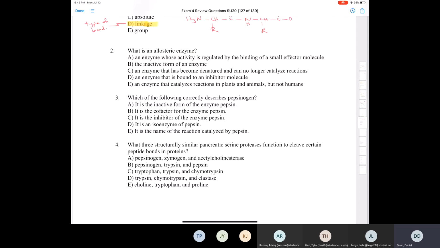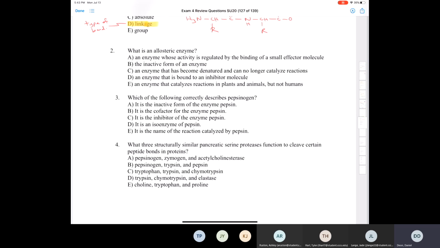Question number 2 says, what is an allosteric enzyme? I went over in my videos all kinds of information about enzymes, and then I spoke about allosteric enzymes, and I spoke about positive effectors and negative effector molecules. Basically, an allosteric enzyme is an enzyme that has an active site where your substrate binds, and then it becomes an enzyme substrate complex, and then you lose the product.